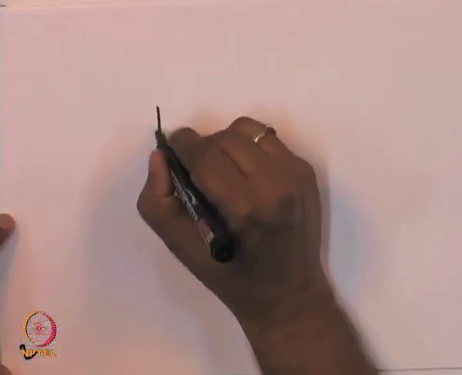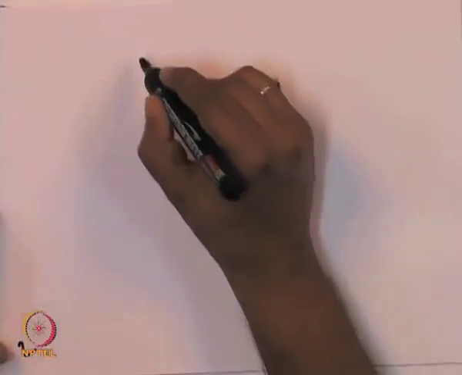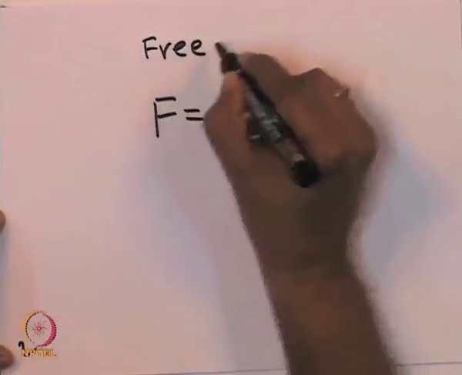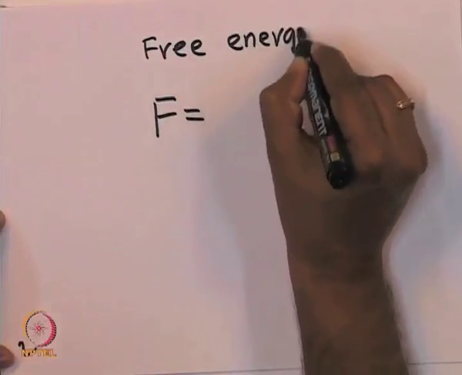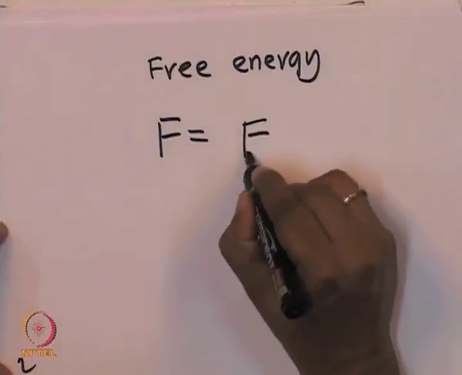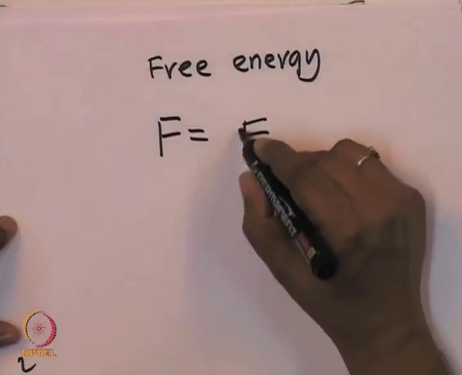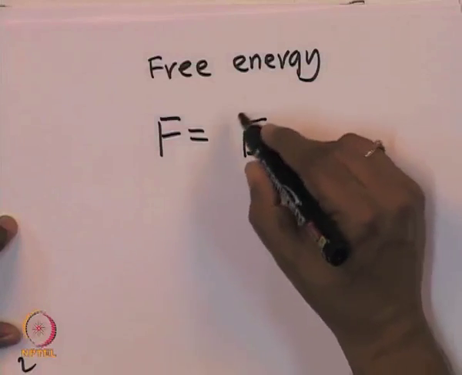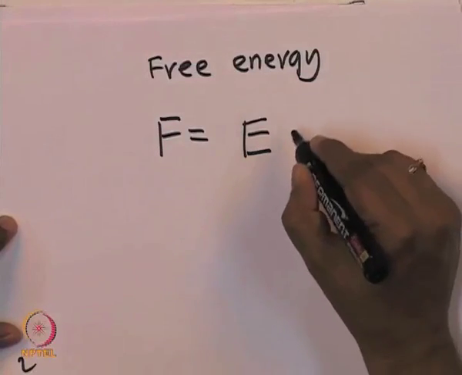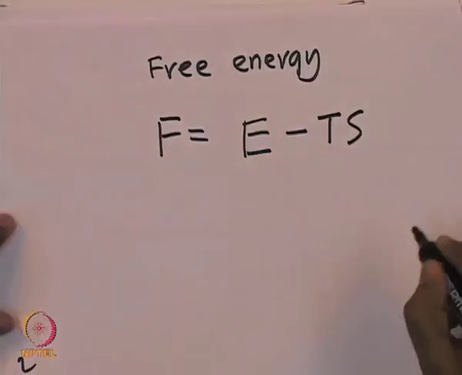We said that the free energy, we use the notation F, is the interaction energy that we know, like Coulomb energy or spring energy depending on the system, the potential energy or the interaction energy, minus temperature times entropy.